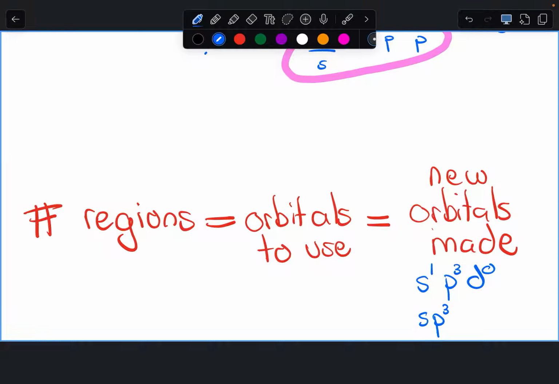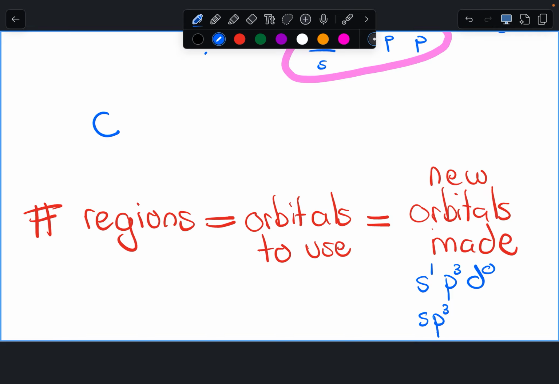Not going to write the D's because they aren't there. I'm going to forego the 1 just to save myself some time. So when you look at SP3 and you're asked, what is the hybridization? All you have to do is count up the number of regions and say S, P, P, P. Okay, SP3. All right?